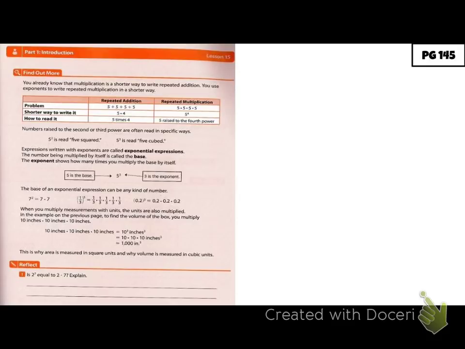So let's reflect. Number 1 says, is 2 to the 7th equal to 2 times 7? And then explain.